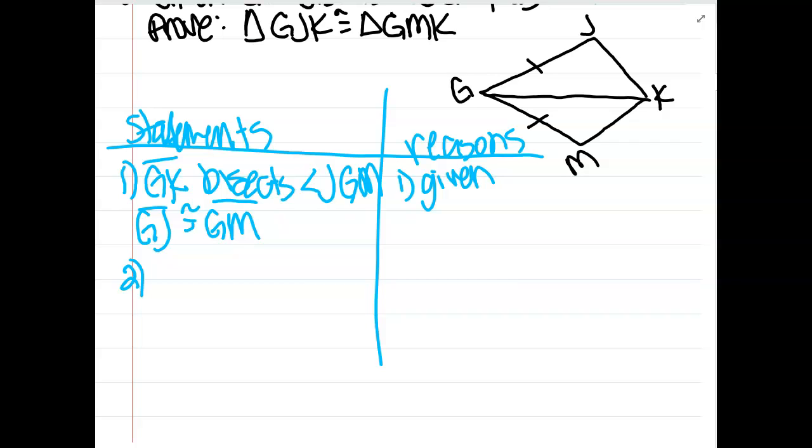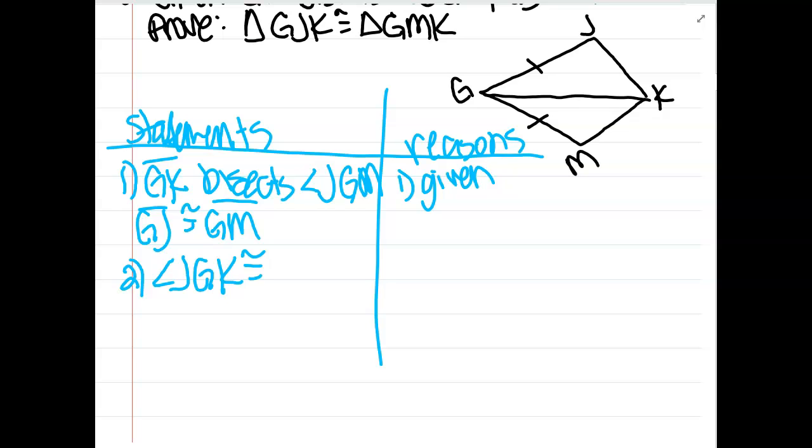Well, we said that those two angles are congruent, so we need to identify those two angles. What's the top one? J, G, K. You have to have J, G, K. Angle JGK is congruent to, what's the other angle?